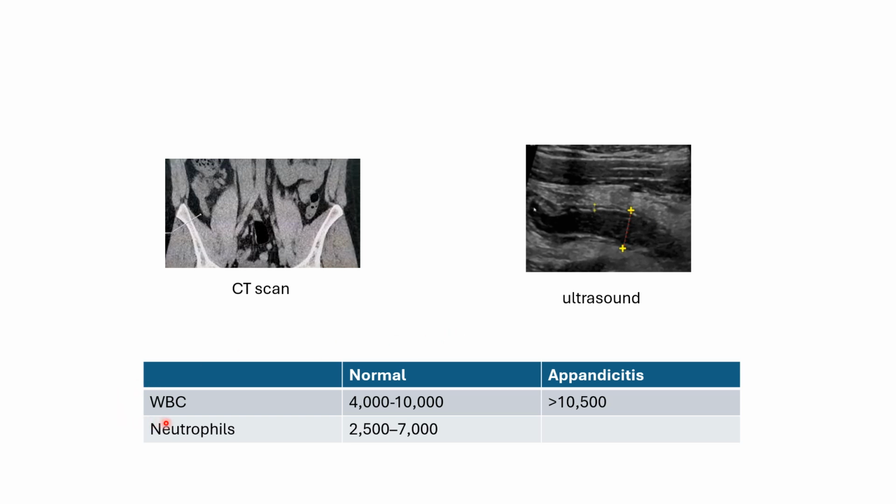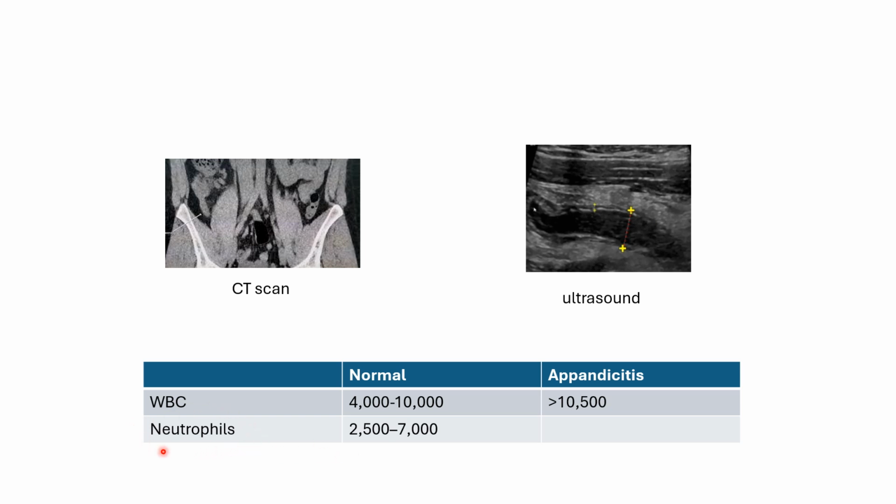Usually when we do the blood test, the normal level of white blood cells is between 4,000 to 10,000, and in a patient with appendicitis, the white blood cell count increases to more than 10,500.